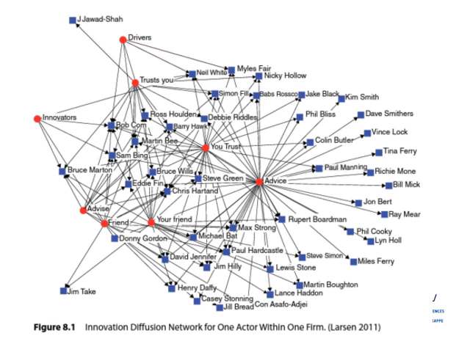So innovation diffusion networks for one actor within one firm. So basically they're looking at a person, which is you, and then advice coming from the suppliers and architects or innovative people, or guys that worked on previous projects with information.